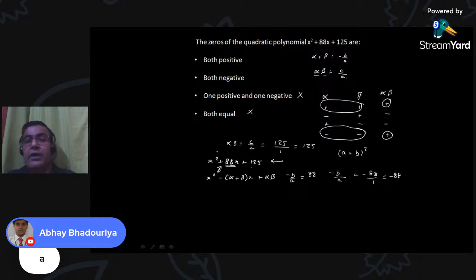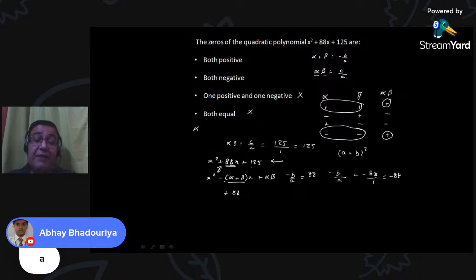Then only. Now think about it. When you're adding the two roots, so minus alpha plus beta. So if alpha plus beta is negative, then negative of a negative will become plus 88, right? So alpha and beta both have to be negative. We are sure that both are either negative or both are positive.